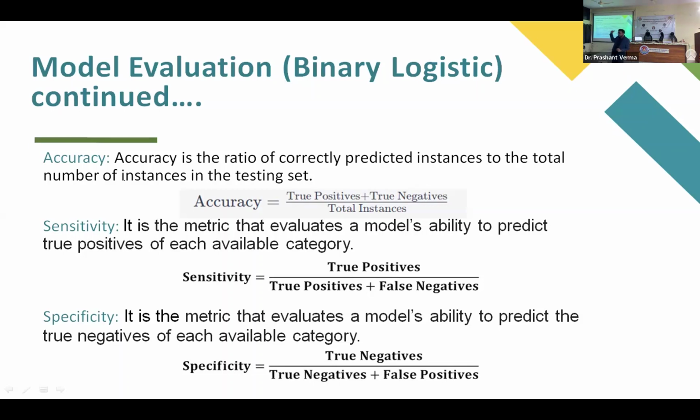It's not a good model. It should be a balanced one. Similarly, for the specificity, you have the true negatives divided by true negatives plus false positives. Simply, you can see the confusion matrix and you can find out these parameters for the model evaluation basically.